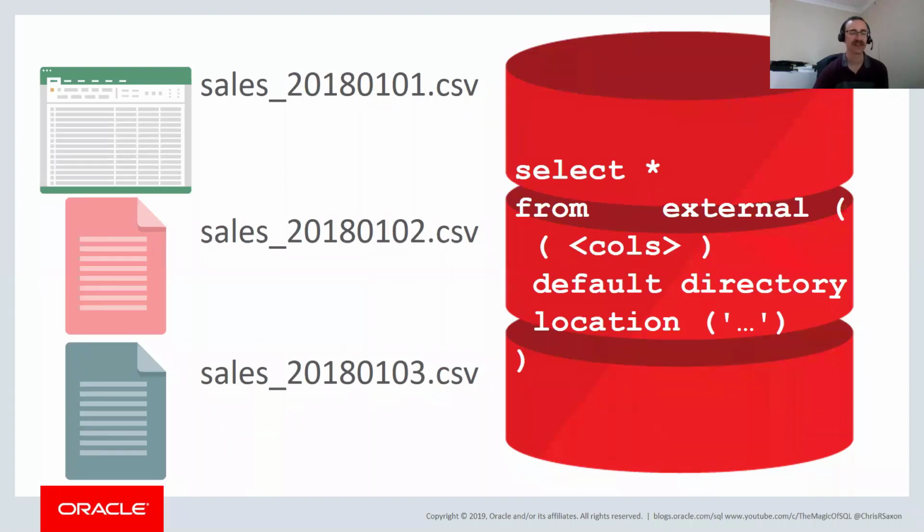With these inline external tables, you just select from external, and if you've got that definition in a database table, then you construct some dynamic SQL that reads it and loads it. So you don't need to create the table at all now. You could just use that in the scenario that you've described.